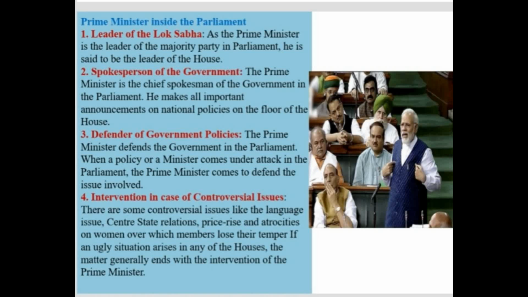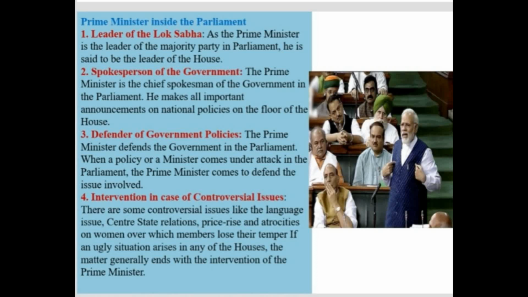there might be loss of temper among the members, both ruling and opposition, and they may resort to a lot of noise in the house, and the situation may even turn very ugly sometimes. So both members from opposition and ruling will go for a heated discussion, and a very arrogant atmosphere will be there in Parliament House.